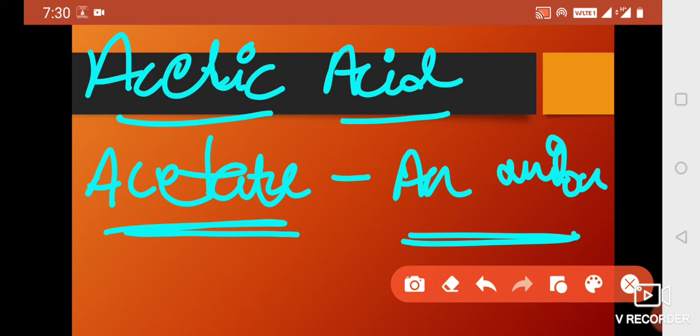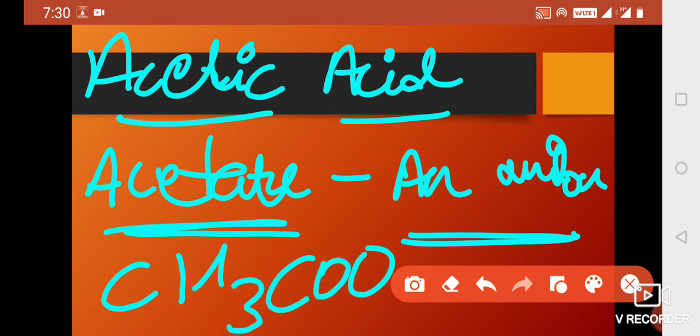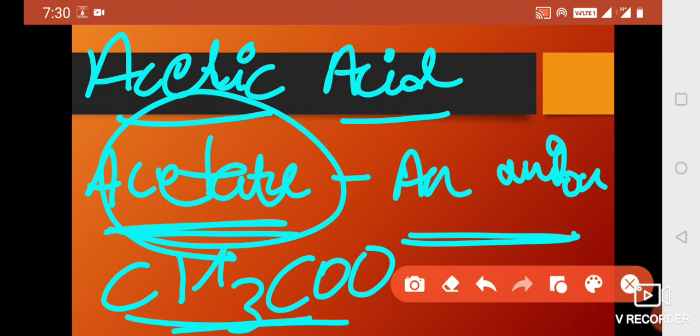The symbol of acetate is CH3COO. Since acetate is exceptional, we write the anion first, meaning acetate comes first and then hydrogen, anion and then cation. For others we write the cation first, meaning positive charge, and then the anion. I hope this is very clear to you. Please keep this point in mind.